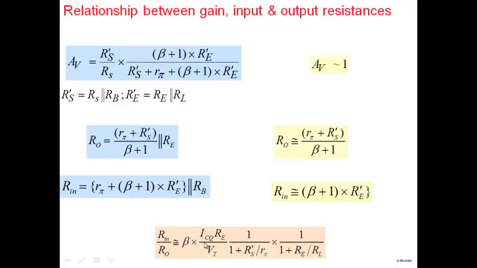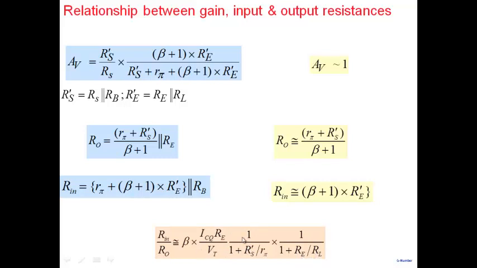Where is ICQ coming from? Basically because I have R pi here, and R pi will be Vt by ICQ times beta. So taking these equations and rearranging them, writing Re parallel RL instead of Re dash, we get Rn by R0 equal to beta ICQ Re by Vt, times 1 by 1 plus Rs dash by R pi, times 1 plus Re divided by RL.